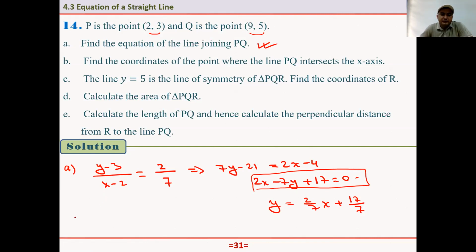How about question B? Find the coordinates of the point where the line PQ intersects the x-axis. Where the line PQ intersects the x-axis means they're asking for the x-intercept, right?